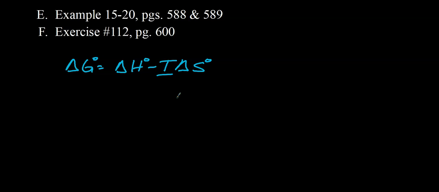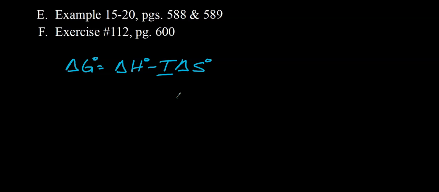So take a look at the solution. It's nothing really new. Use delta HFs to calculate delta H. So delta H for this reaction is 180.5 kilojoules per mole. Calculate delta S using absolute entropies of the substances involved in the reaction, and we get 24.9 joules per mole Kelvin.